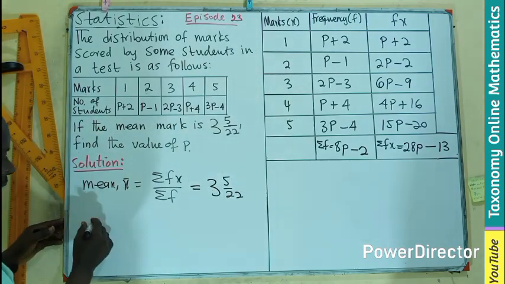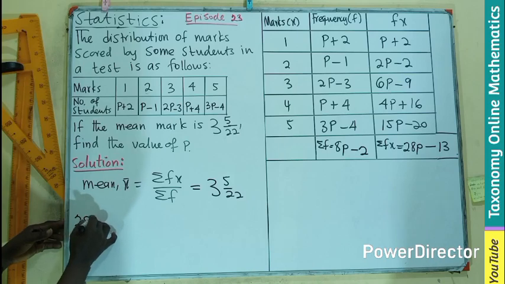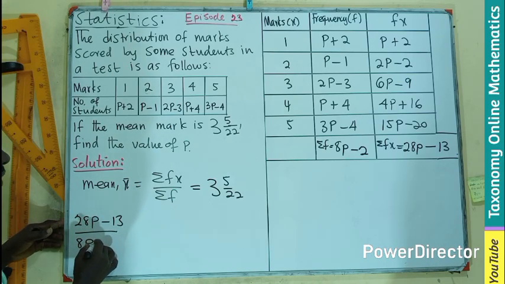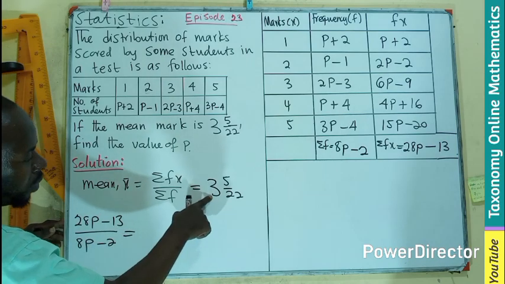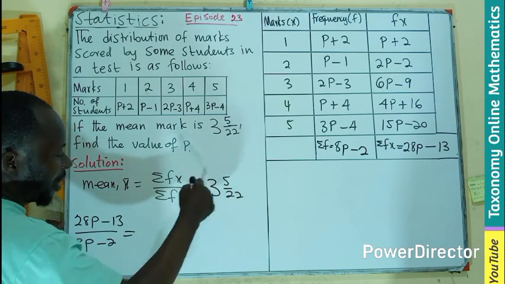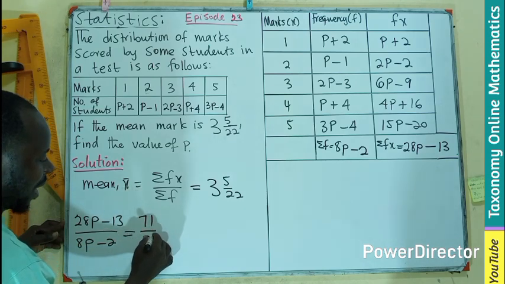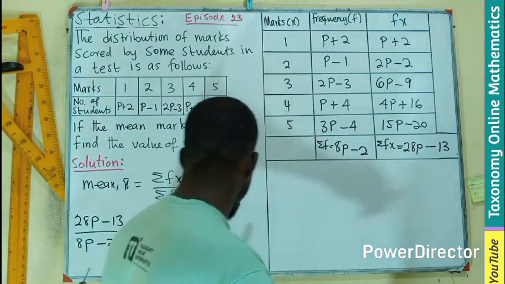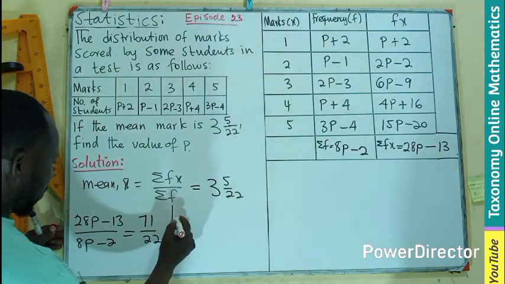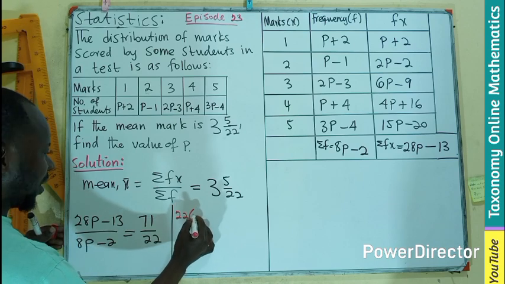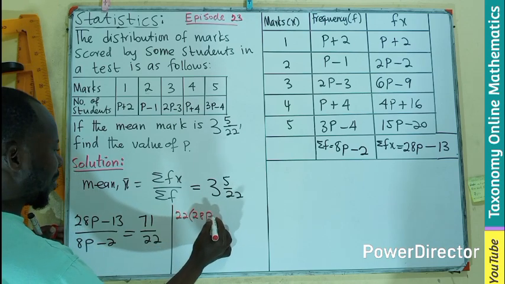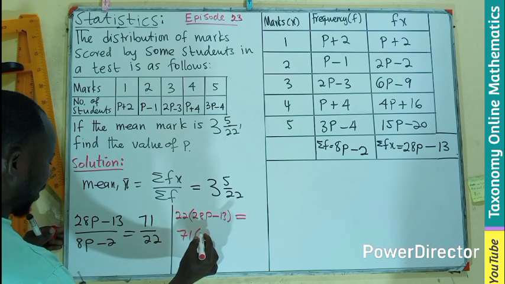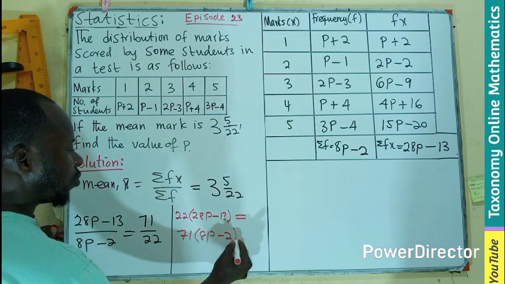So here I'll be having 28p minus 13 divided by 8p minus 2 equals to, this time, 66 plus 5 which is 71 divided by 22. So we need to cross multiply. When I cross multiply, I'll be having 22 multiplying 28p minus 13 equals to 71 multiplying 8p minus 2.